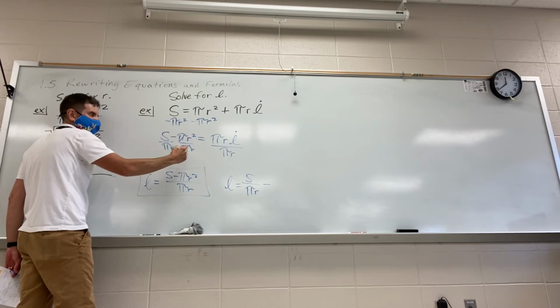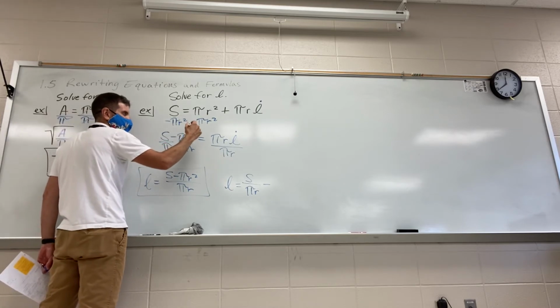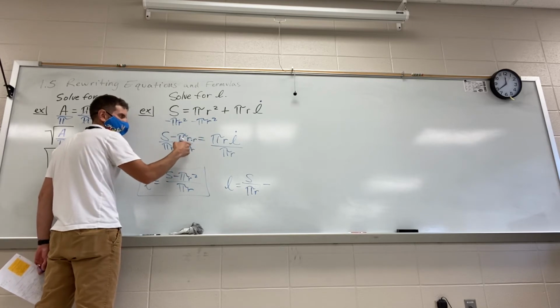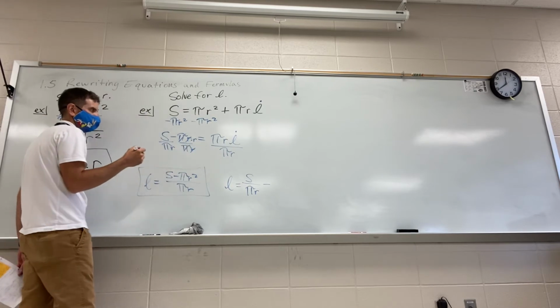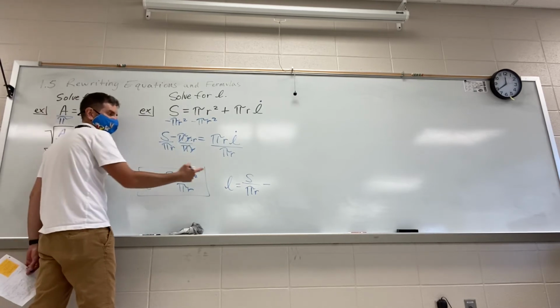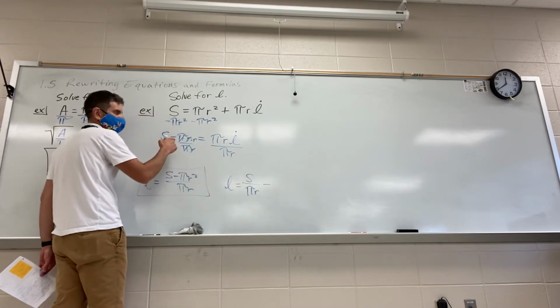You know what happens with the r's? R squared means how many r's? R times R. Two. So now it would become R cubed. What happens to one set? They disappear. Divide out. That makes sense. So another answer would be L equals S over pi r minus what?